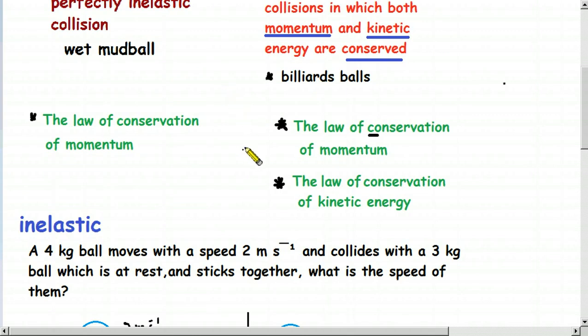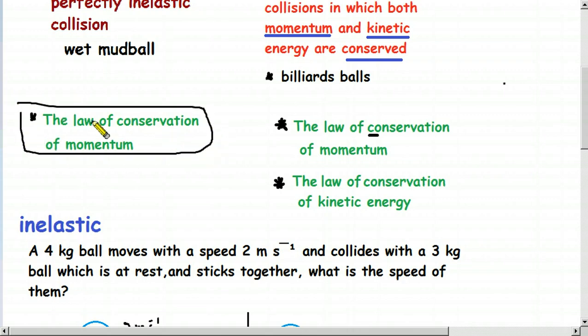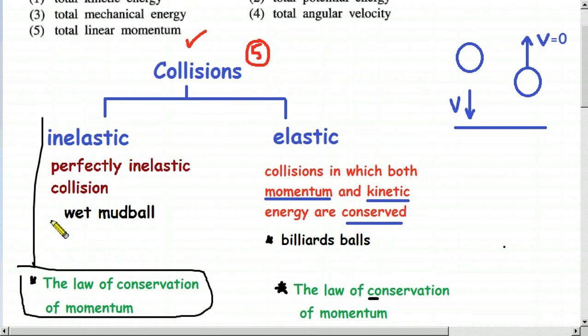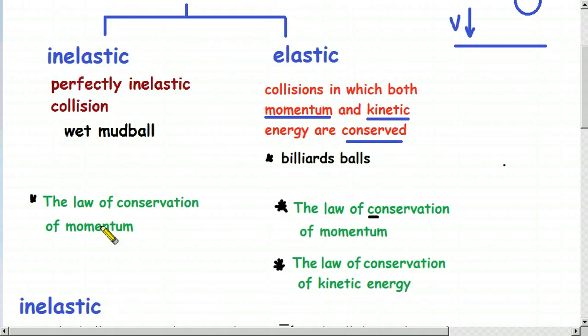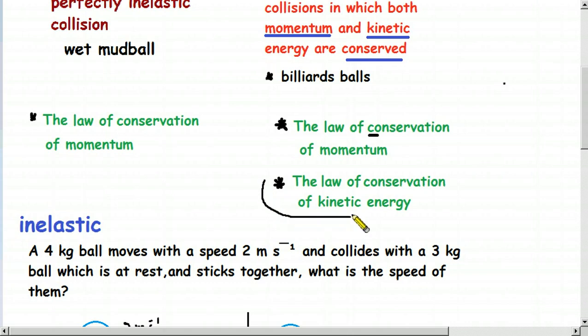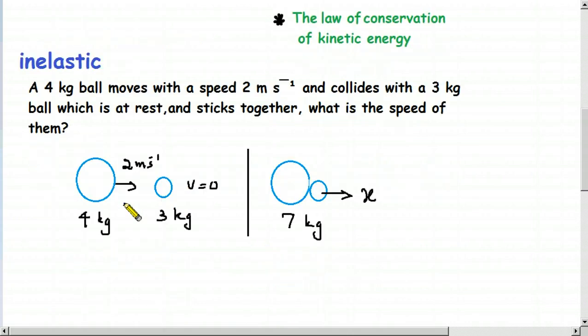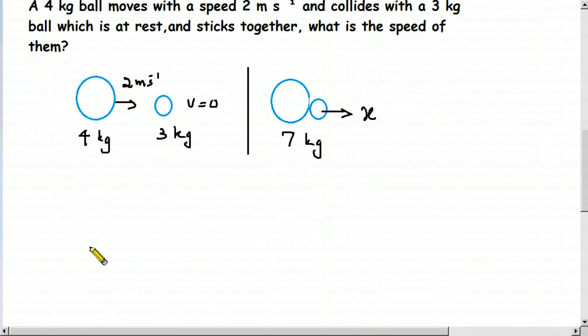Therefore we can apply only the conservation of linear momentum. We can't apply the conservation of kinetic energy because it is not elastic. If it were elastic, we would have applied it. So now we can write the conservation of linear momentum.